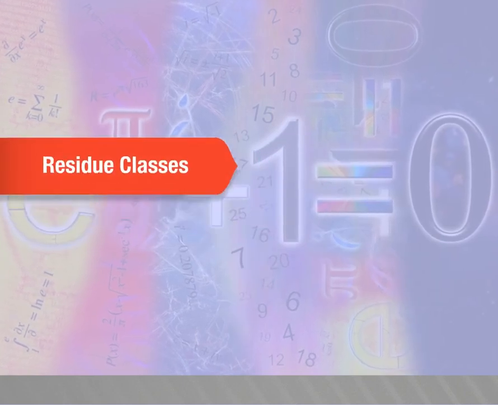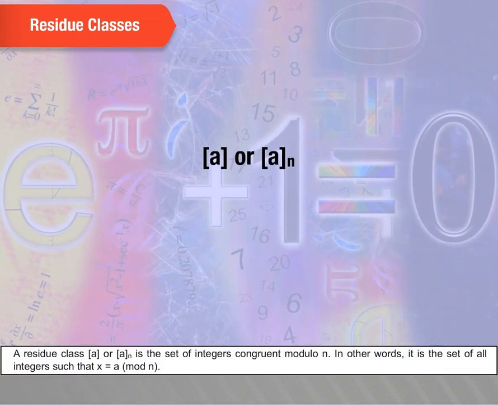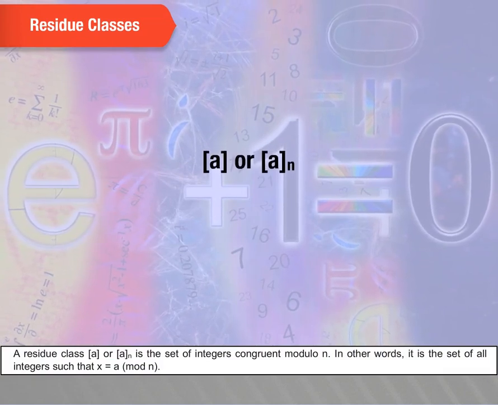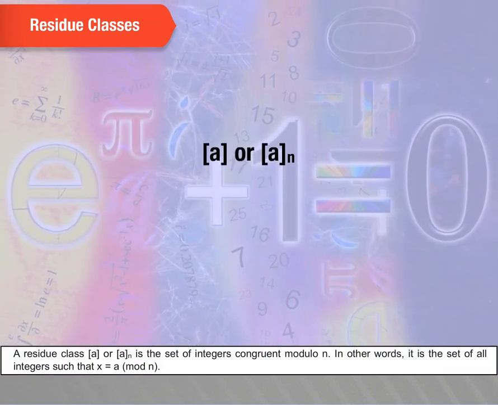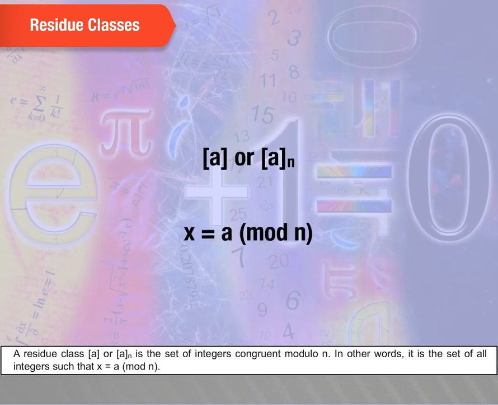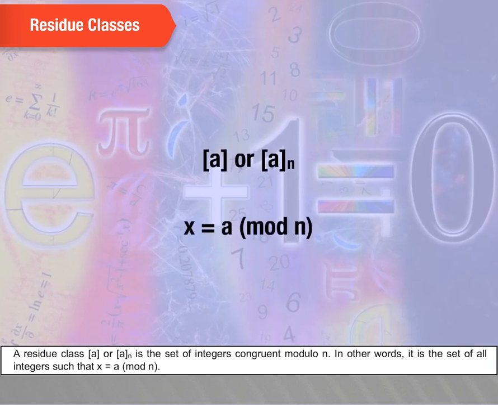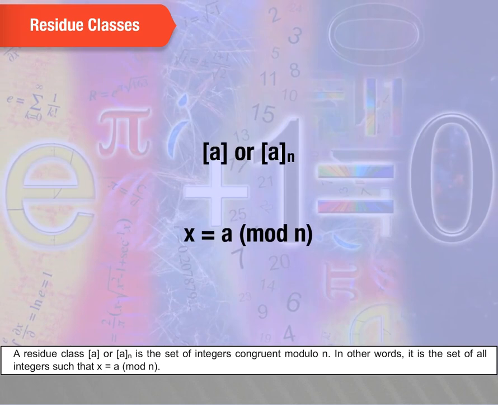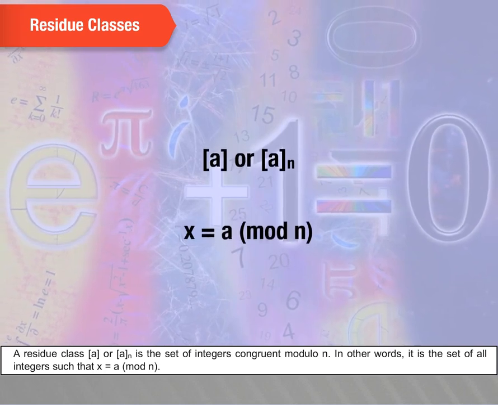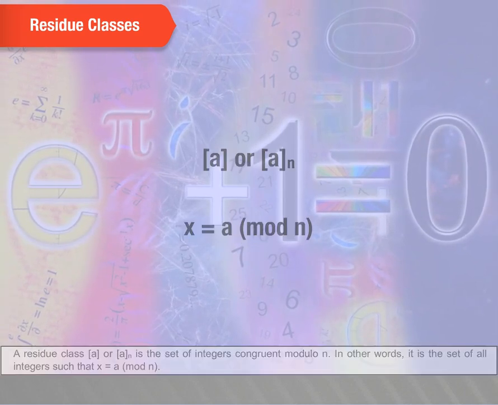Residue classes. A residue class set [a] or [a]n is the set of integers congruent modulo n. In other words, it is a set of all integers such that x is equal to a mod n.